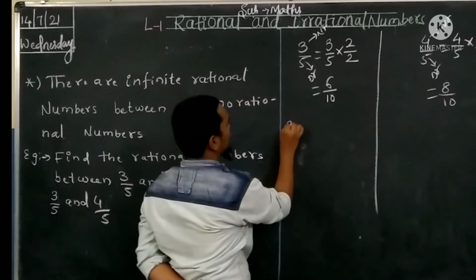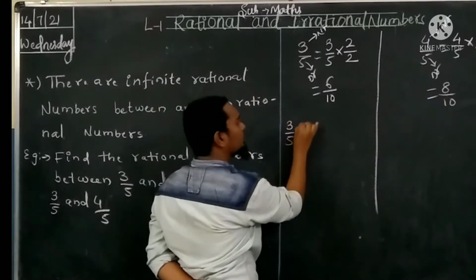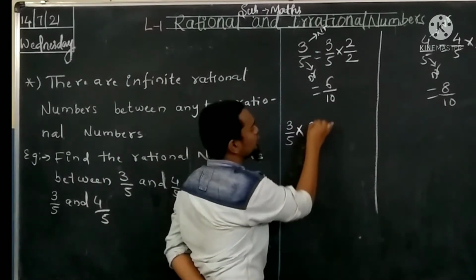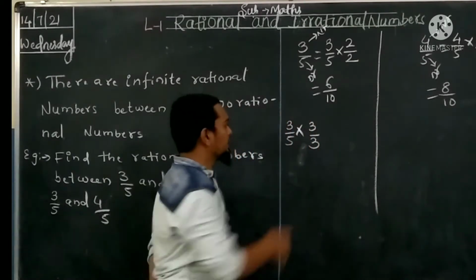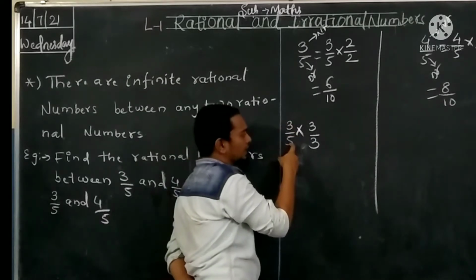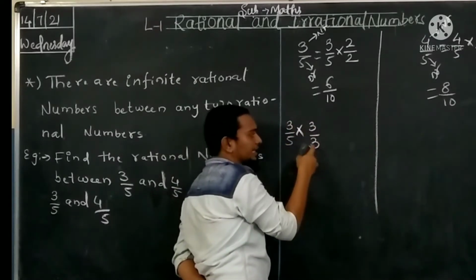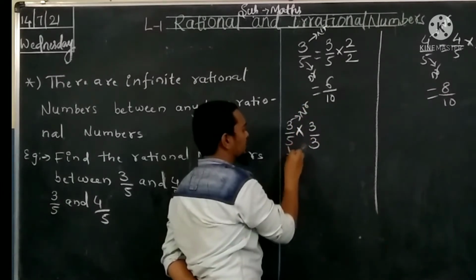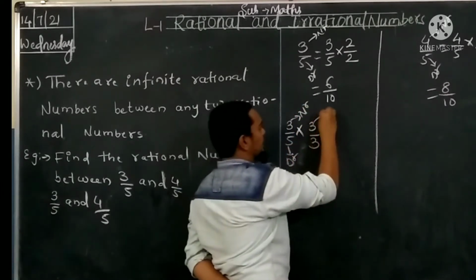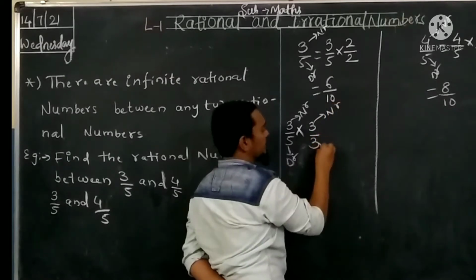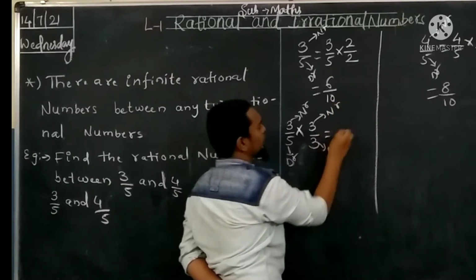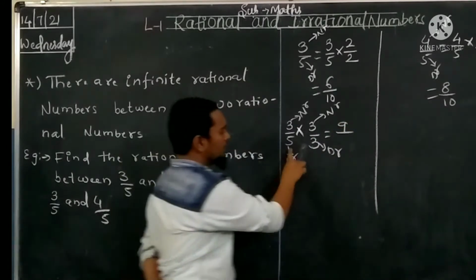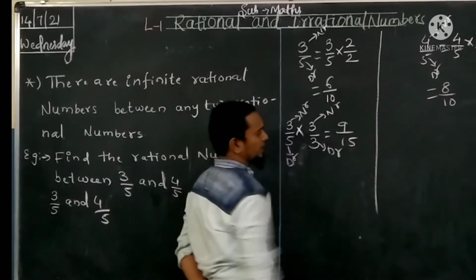Next, 3 upon 5 multiplied by 3 upon 3, both numerator and denominator, equals 3 3s are 9 and 5 3s are 15.